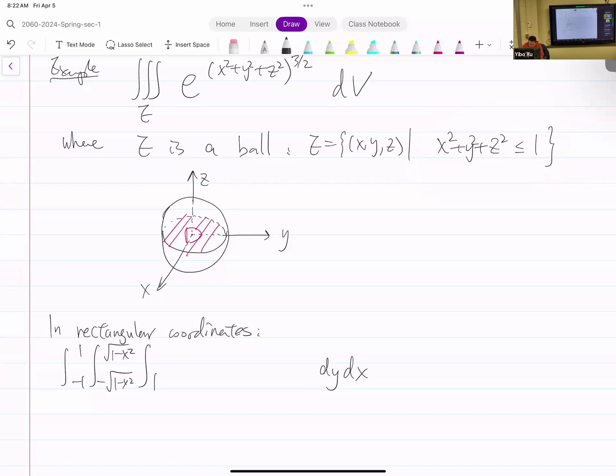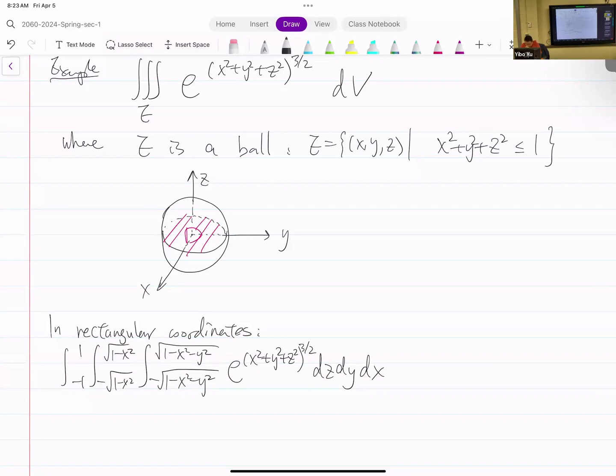So it's going to be the square root of 1 minus x squared minus y squared, and the negative of that, for dz. Okay. And finally, here we don't really change anything to the function. So it's still e to the sum of squares to the 3/2. Okay.